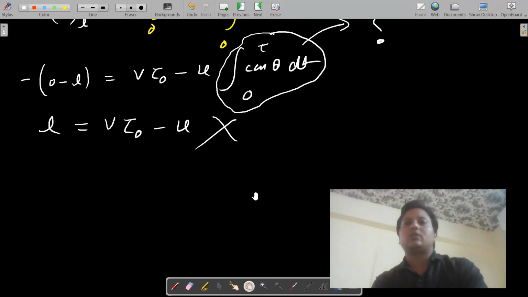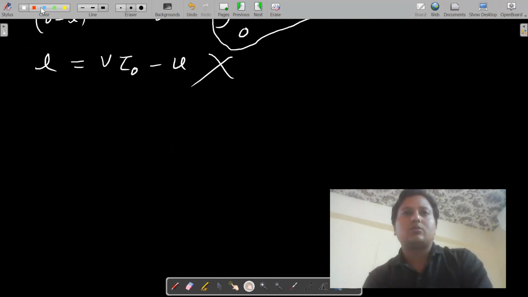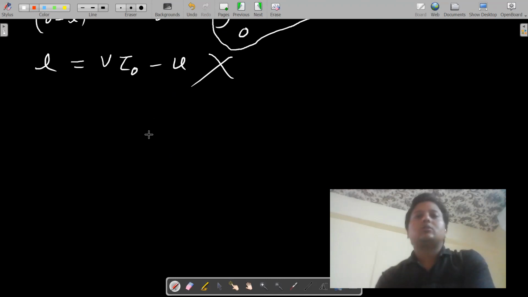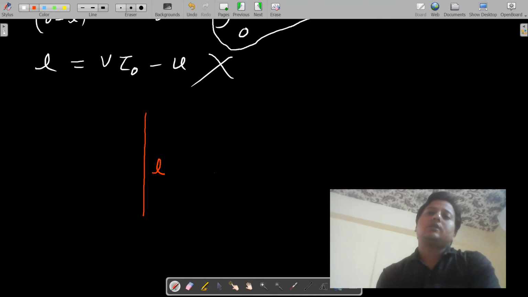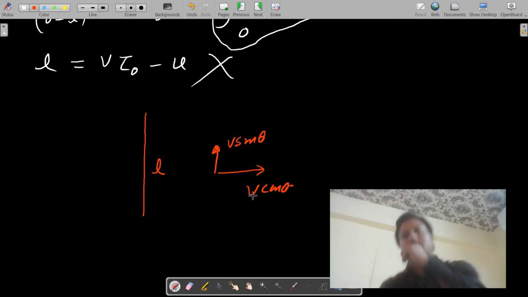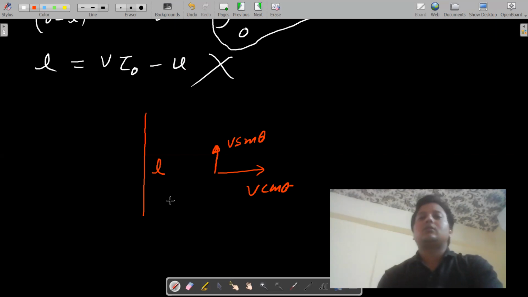What may be the other equation? We know that the initial separation between them was L, and at any time t they are moving with components v sin theta and v cos theta like this. So what will be the condition at last?